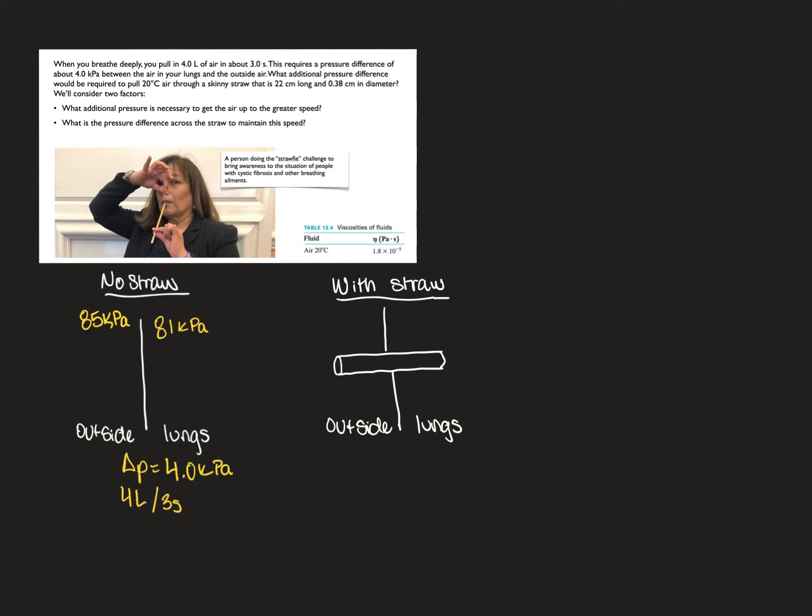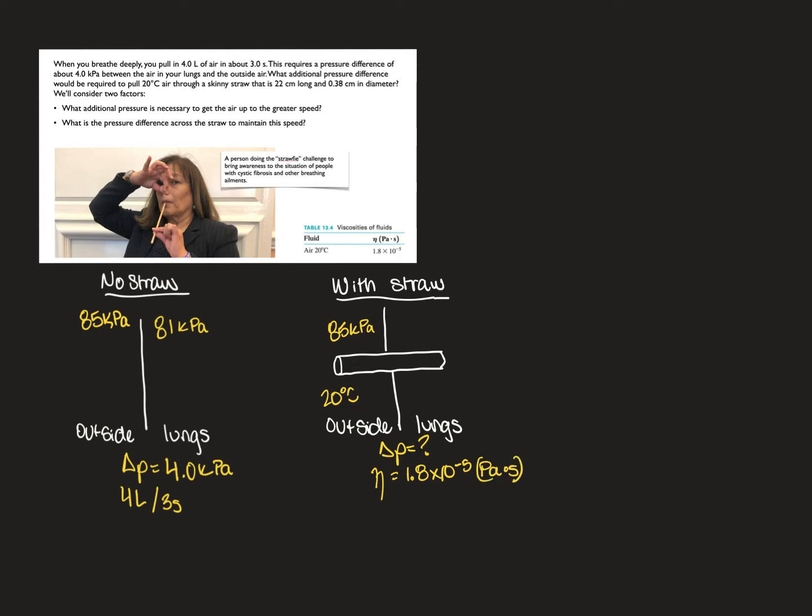Well, in the second scenario, the outside pressure does not change, right? We're trying to find the new pressure differential with the straw when we know that it is 20 degrees Celsius outside. And what else do we know? We know that the viscosity of the fluid is 1.8 times 10 to the negative 5th Pascal seconds.